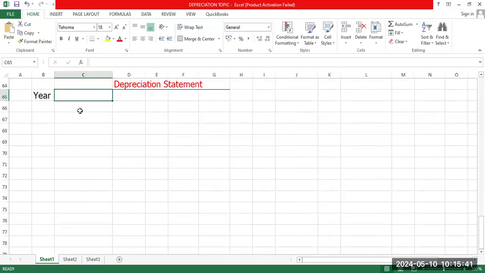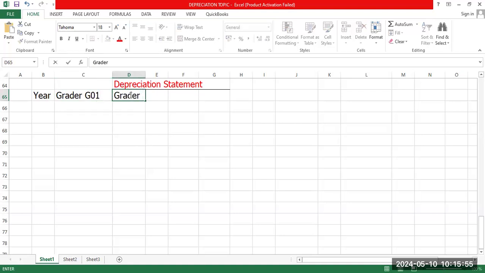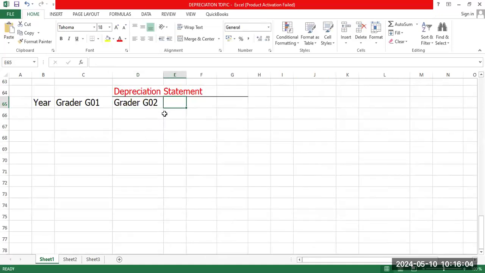We have grader 1, grader G01. Then we have another asset called grader G02.